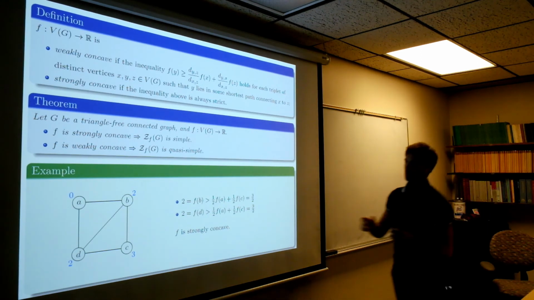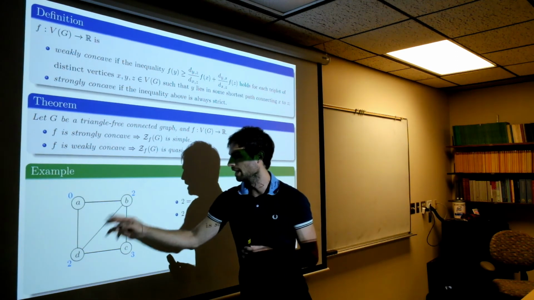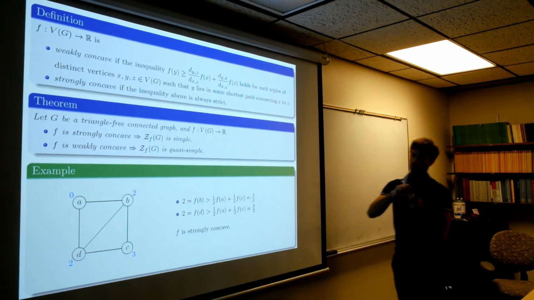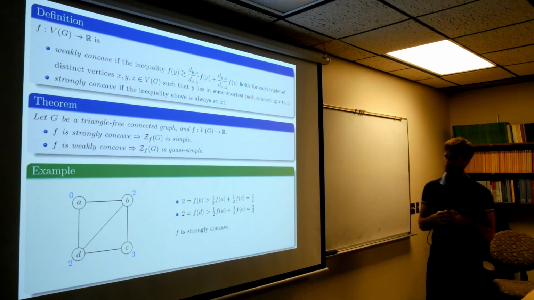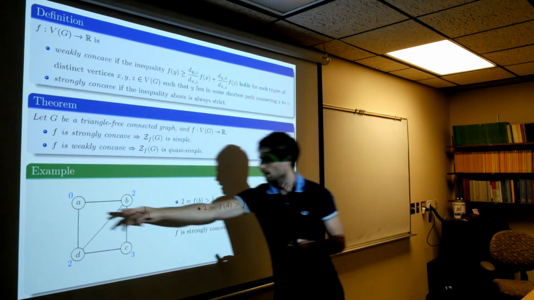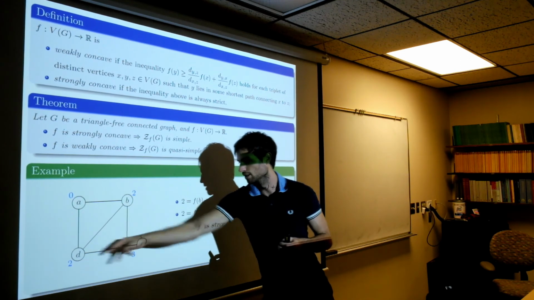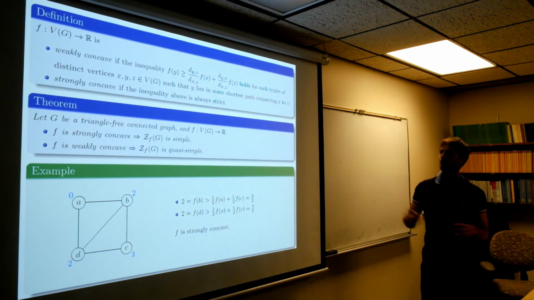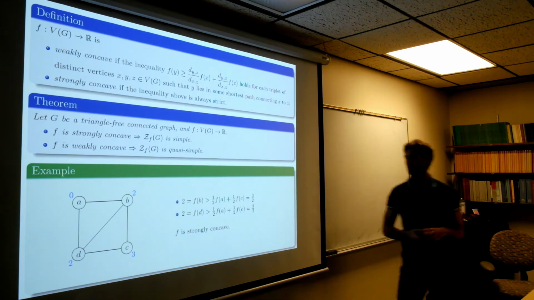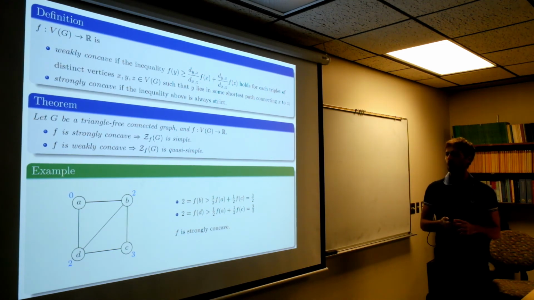For example, if we consider A, B, and D, no one of these vertices lies inside a shortest path connecting the other two. So we only have to care about A, B, C, and A, B, C. And for these two triplets, this inequality holds, so F is strongly concave.